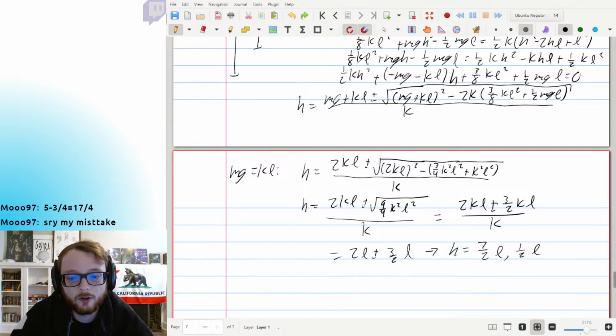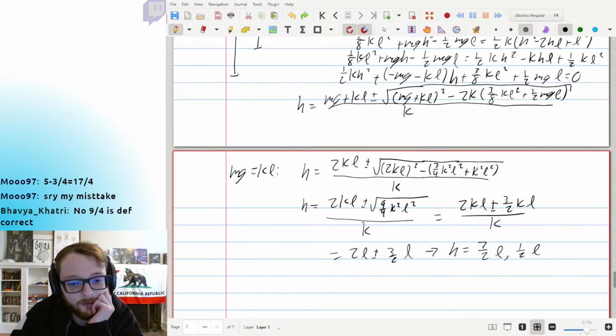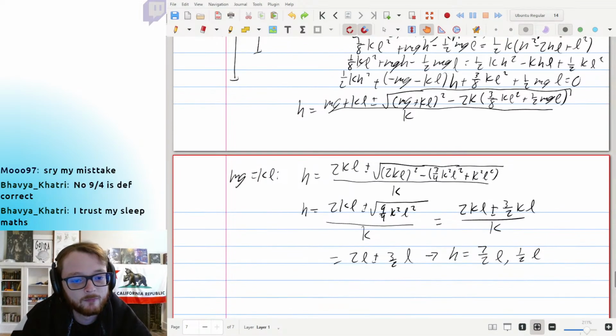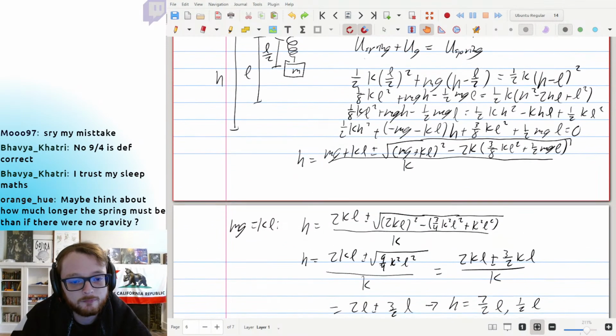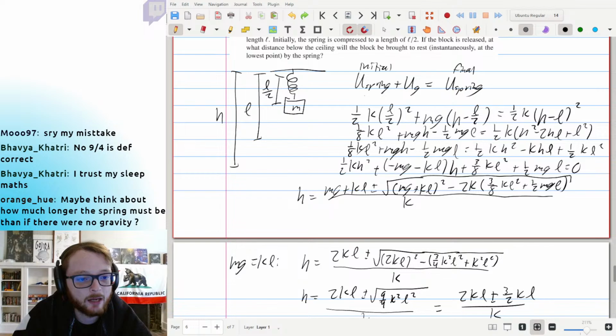So I do think this should be 5/2L. If the right answer is supposed to be 3L/2, I need this h to be 5/2L for how I'm measuring h, because we would need to subtract off an L to get the distance beyond relaxed length.